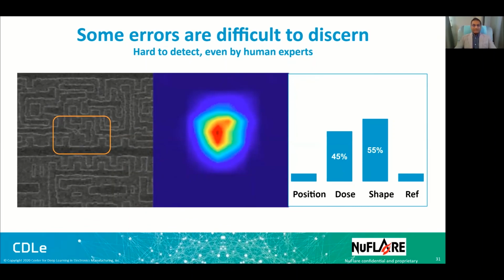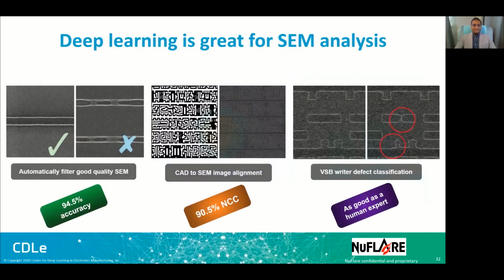So with this, I would like to conclude my presentation by saying that deep learning is extremely powerful for SEM analysis. The three tools are for filtering good SEM images, CAD to SEM alignment, and the defect classifier.